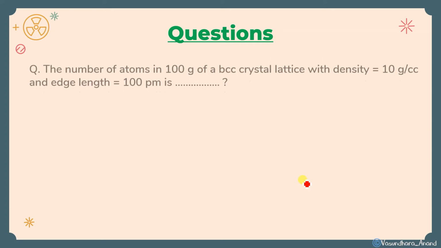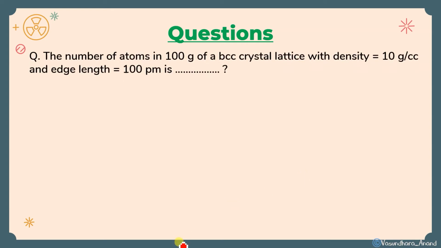Here's another question. In this question, we are supposed to find the number of atoms in 100 gram of a BCC crystal lattice with the density 10 gram. Here in 100 gram you have to find. BCC is given, so that means Z is given, density is given 10 gram per centimeter cube, edge length is given. So in this way, you first find the molecular mass.